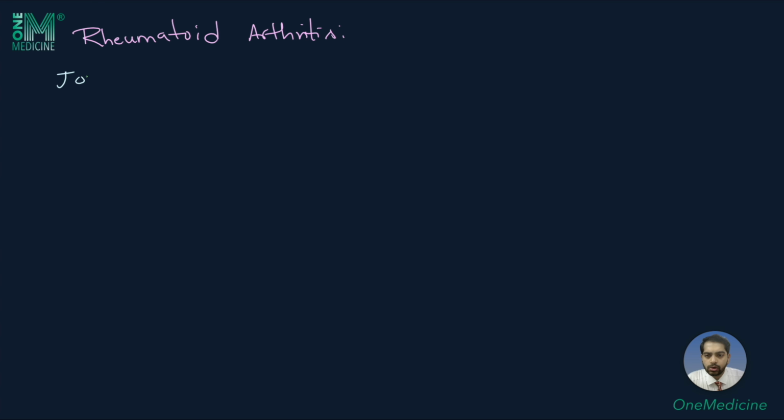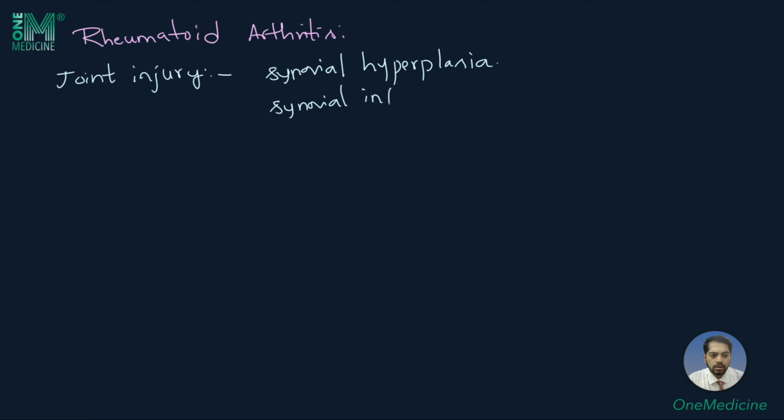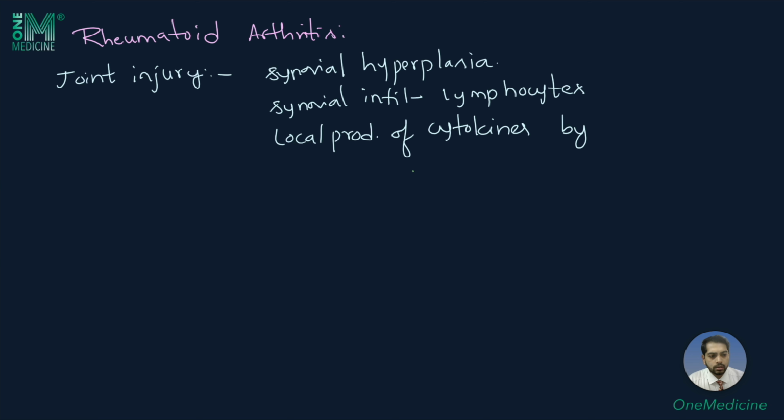In this disease, the joint injury occurs mainly due to these factors, including synovial hyperplasia, synovial infiltration by lymphocytes, and local production of cytokines by activated lymphocytes and fibroblasts.